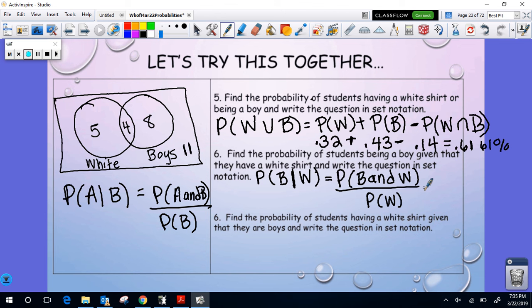So this should equal, being a boy and having a white shirt should be 4 over 28. Divide that by the probability of having on just a white shirt, so it should be 9 over 28. Okay, so I'm going to go here.